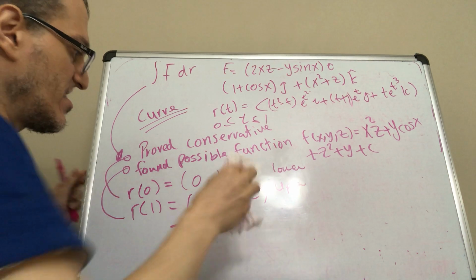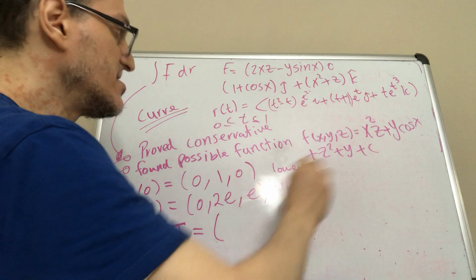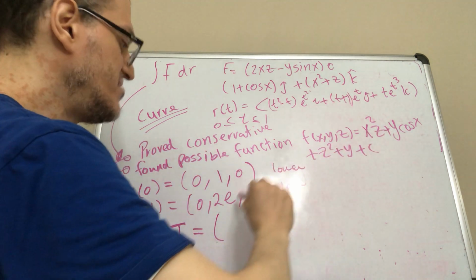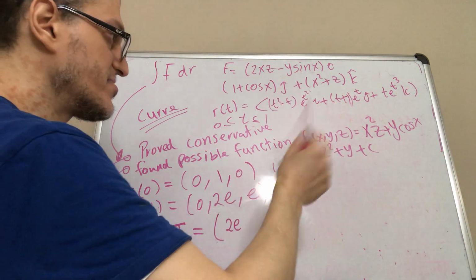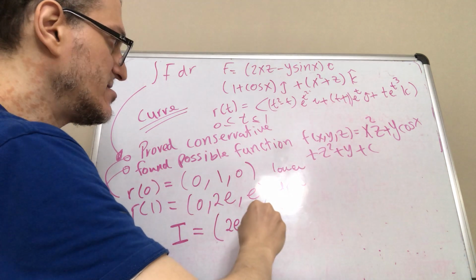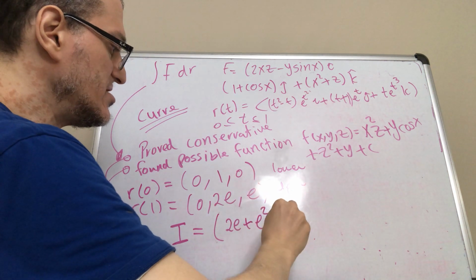The upper point, 0 for x cancels here, would be 2e, cosine of 0 cancels here, would be e squared, and y would be 2e.